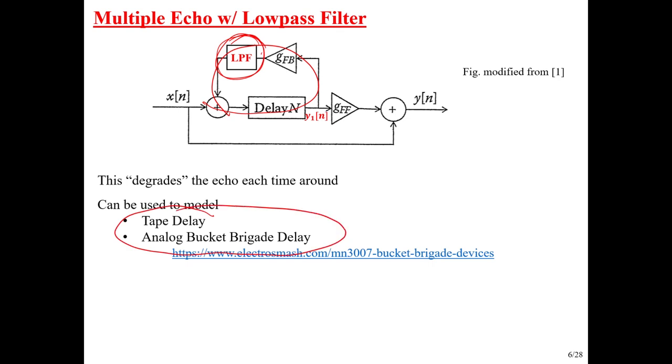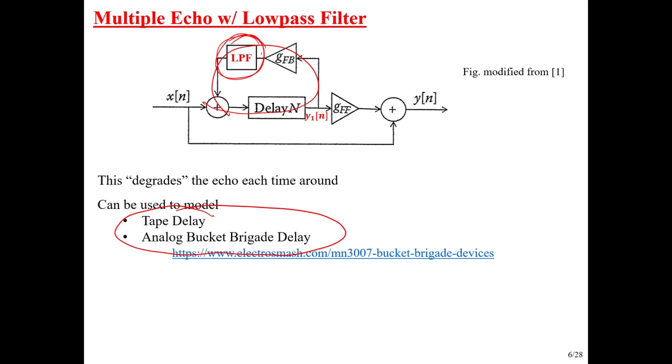The earliest type of delay was just done with a tape recorder. You would record something, then read it off and re-record it back onto the tape. You would control the amount of delay by adjusting the physical distance between the record head and the playback head, or the read head.